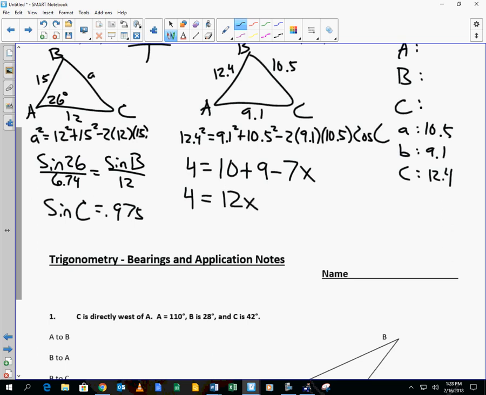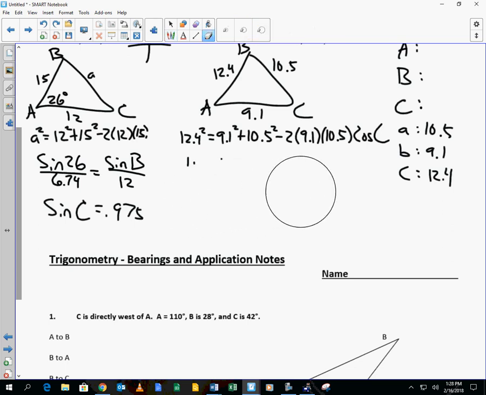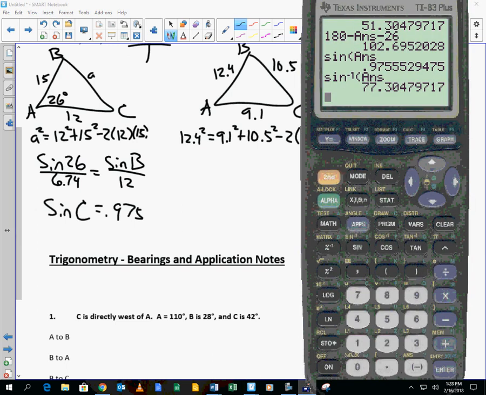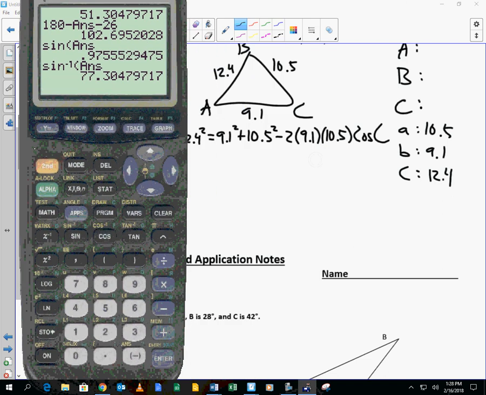So we got 4 equals 12x. But people do it all the time here in trigonometry. This cosine of C is like an x. You've got all that stuff attached to it. You can't just take this plus this and minus that. You can't do it. So let's break it up into all the individual pieces it is and just solve for it.